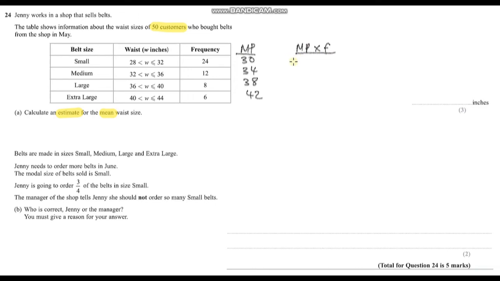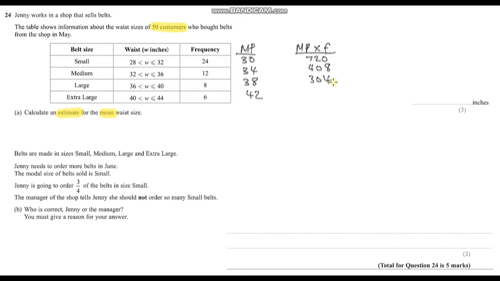We can use a calculator for this. So we're going to do 30 multiplied by 24, which gives us 720. And then 12 times 34, that is 408. 38 times 8 is 304.